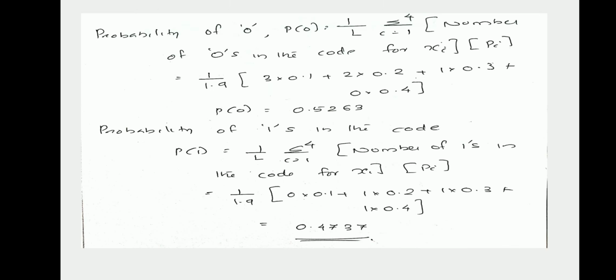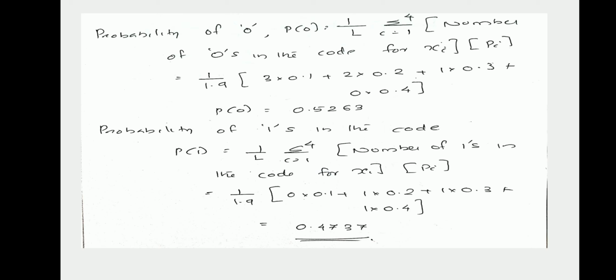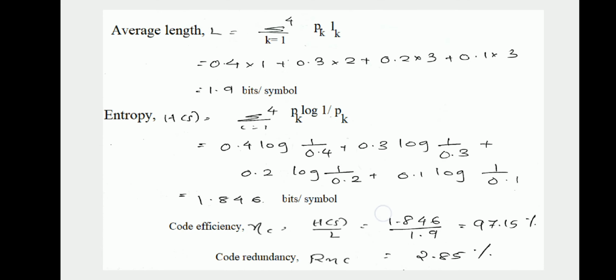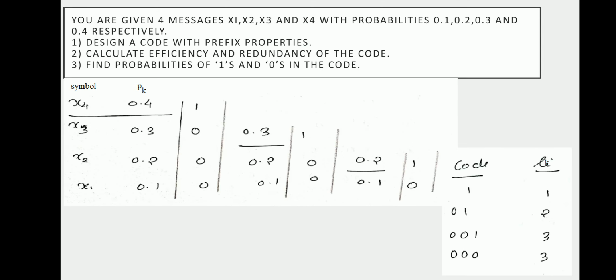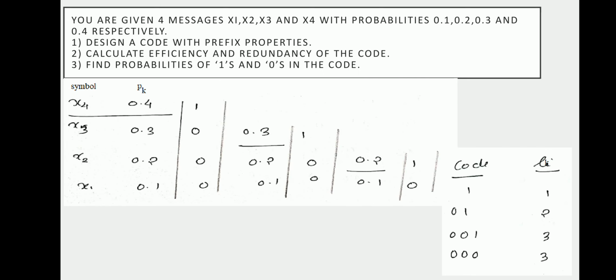So what is the equation to find the probabilities of ones and zeros? The probability of 0, that is P of 0, is equal to 1 by L into the summation of i equal to 1 to 4 of the number of zeros in the code for xi into its probability. Our L is 1.9. So 1 by 1.9 into the number of zeros in the code for xi times probability. For x1 the number of zeros is 3, and its probability is 0.1.